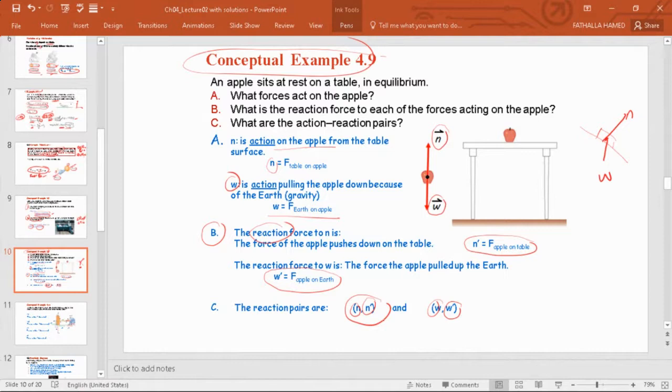But to reinforce this idea of action-reaction, if you make a full fist and you hit the wall very strongly, you may feel the effect on your hand.